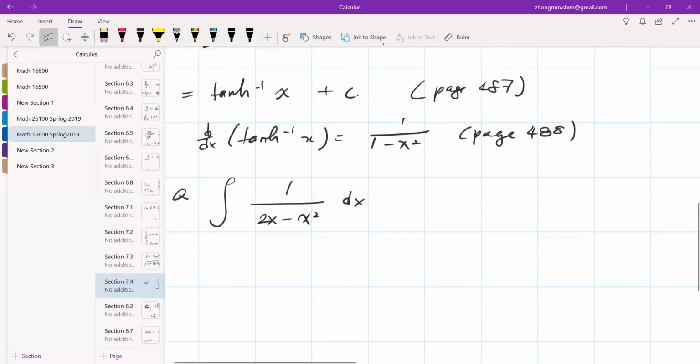So how do you solve this problem? Well, x squared minus 2x can be written in the form where you add 1 minus 1. So it's going to be x minus 1 squared minus 1.